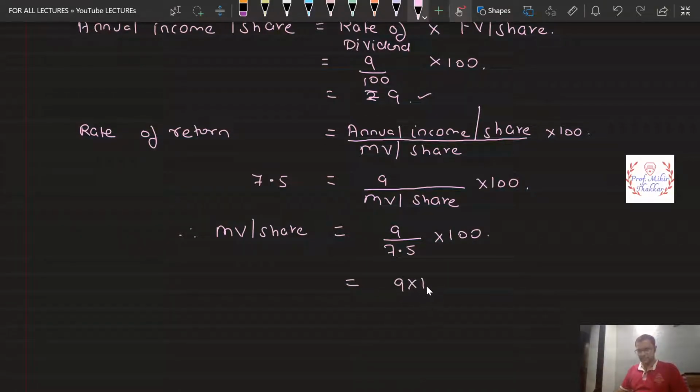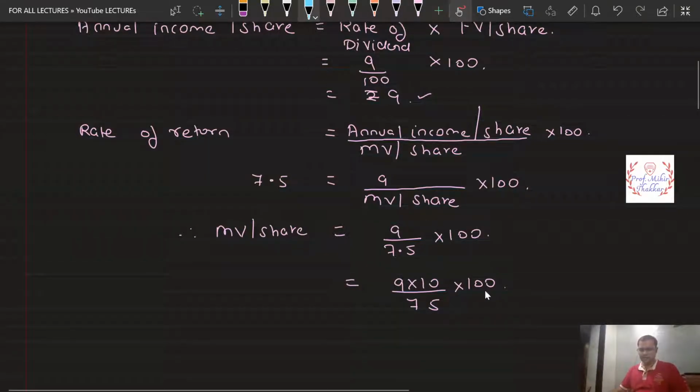So that is 9 into 10 upon 75 into 100. Just in case you are not so good at calculating decimals, remove that decimal by multiplying and dividing by 10. These both go with 5, 5 times 2, and that will go with 5 into 15. Now these both go with 3, so 3 into 1, 3 into 5, 5 into 1, and 5 into 20.